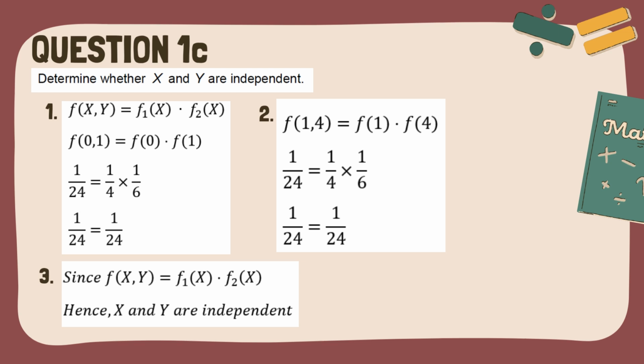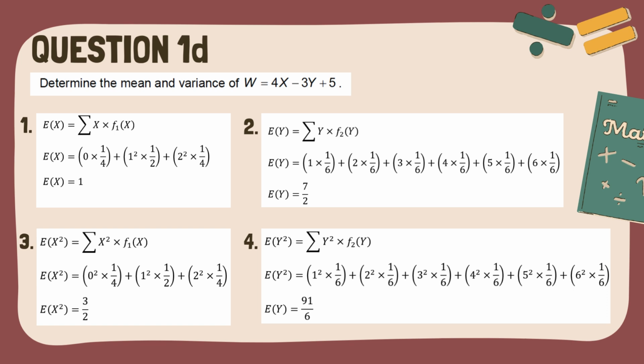The next one is to verify at the point (1,4). We multiply as usual 1/4 with 1/6, and we will get 1/24 too. This confirms that the condition for this pair is equal. So since f(x,y) equals f1(x) multiplied by f2(y) for all tested values, we can conclude that X and Y are independent.